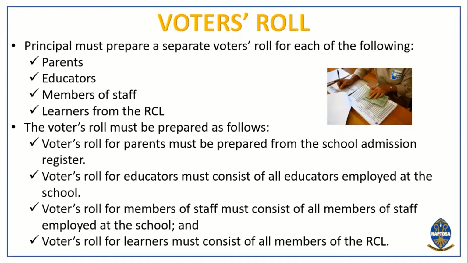The voters' roll must be prepared for parents in terms of the school admission register. So all the parents that are listed as parents or legal guardians of the learners in the school register will be placed on the voters' roll. If they are not eligible, it is also their responsibility to inform the school that they're not eligible for nomination because of one of the categories.